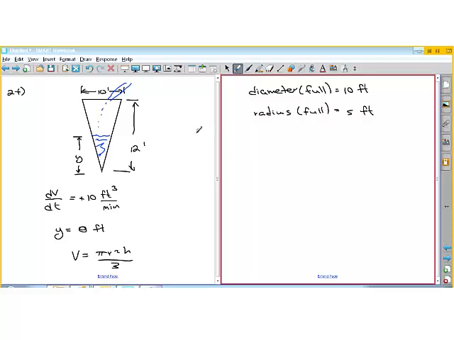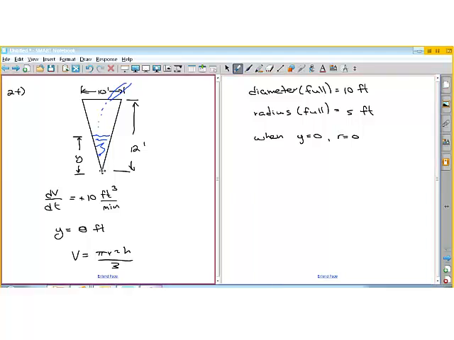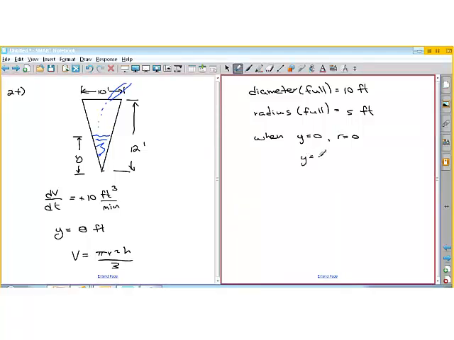And what's going to happen is that when y equals 0, r is equal to 0, because you're right down here at the bottom. And when y is equal to the full height, r is equal to 5 feet. And it varies linearly because it's just like a cone.